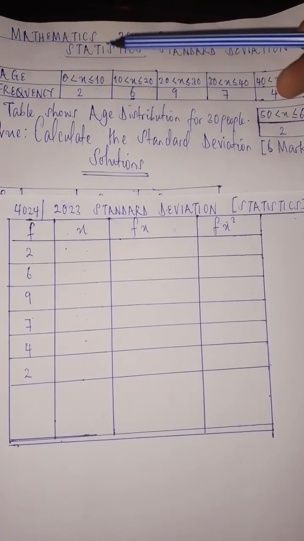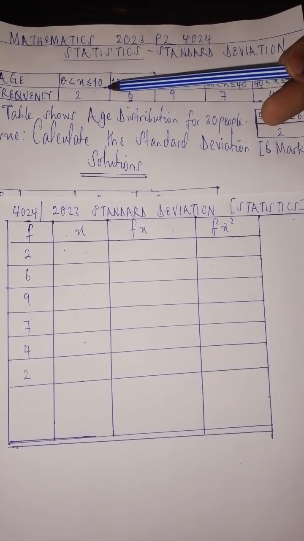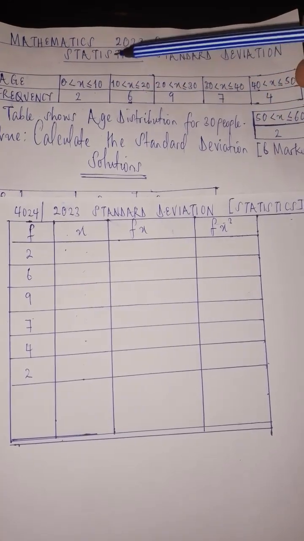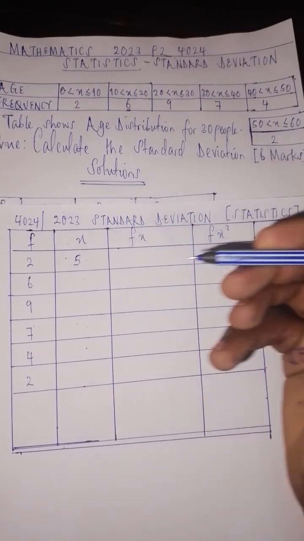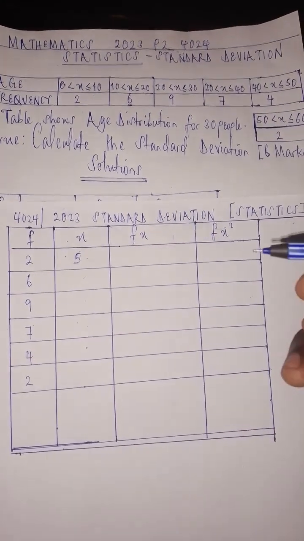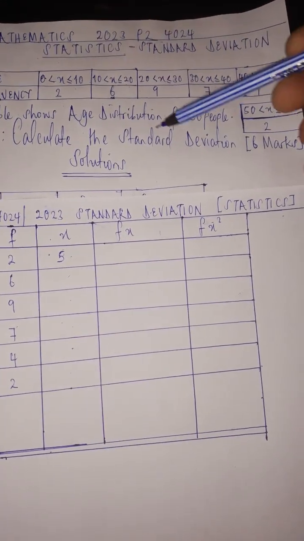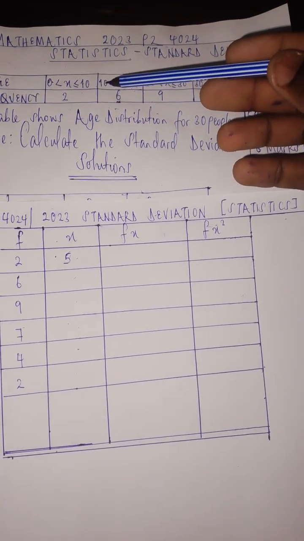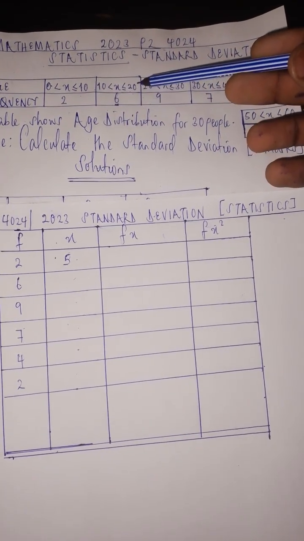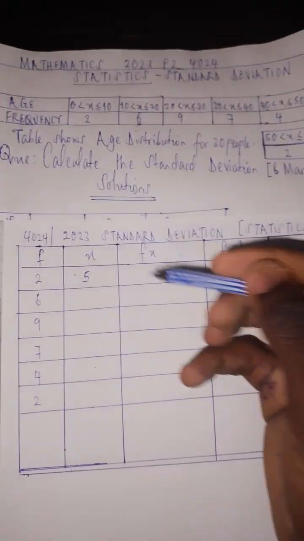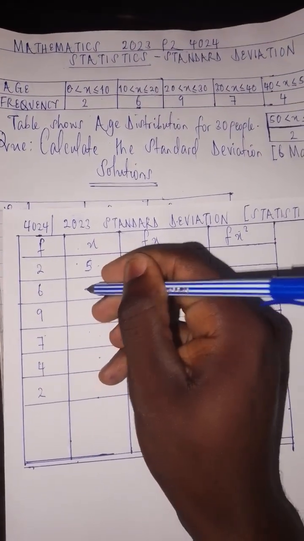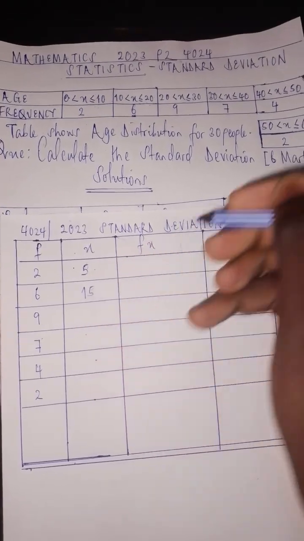So I'm going to add 0 plus 10, that is 10, and divide by 2, that is 5. So that will be the midpoint here. Then for 6, I'm going to say 10 plus 20, that is 30, divided by 2, that should give 15. So here it will be 15.